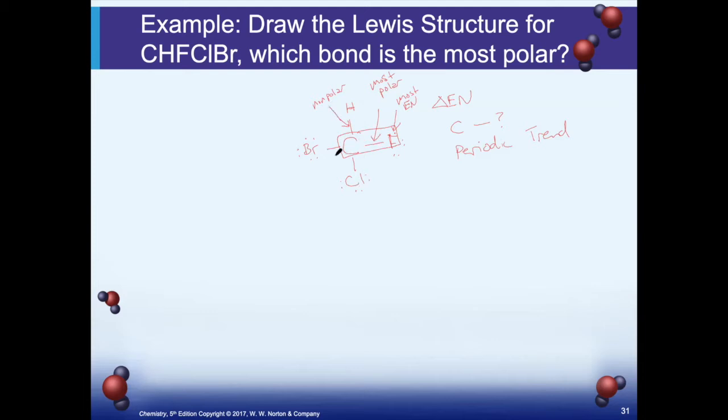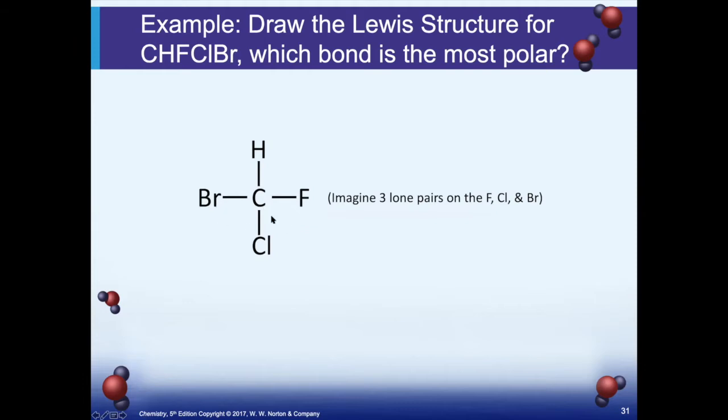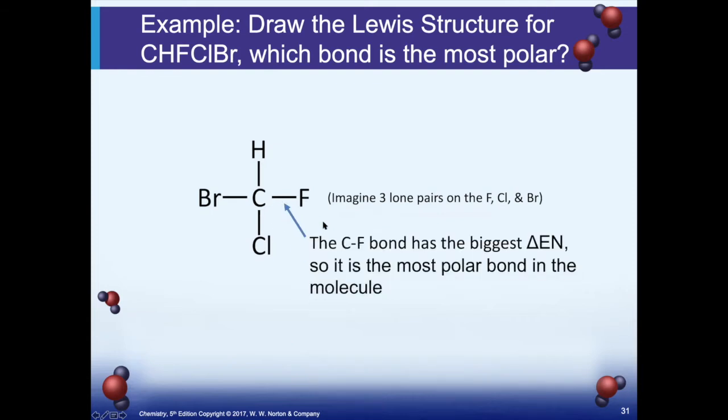But the other 3 bonds are polar, and the most polar one is the carbon-fluorine bond, because that's got the biggest electronegativity difference. Once again, just to make things simpler, I didn't put the lone pairs on the Lewis structure.